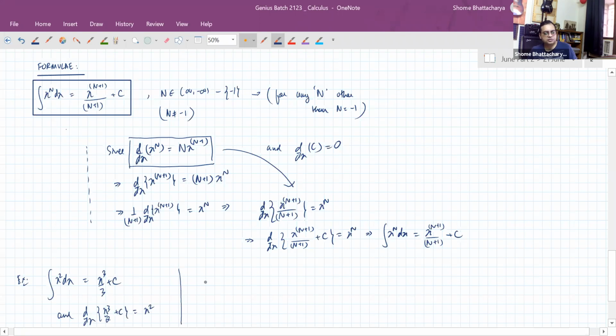Okay. Similarly, if I give you an example, integration of square root of x with respect to x, you can understand this is x to the power half. So applying this formula, that will give us 2 by 3 x to the power 3 by 2 plus c.